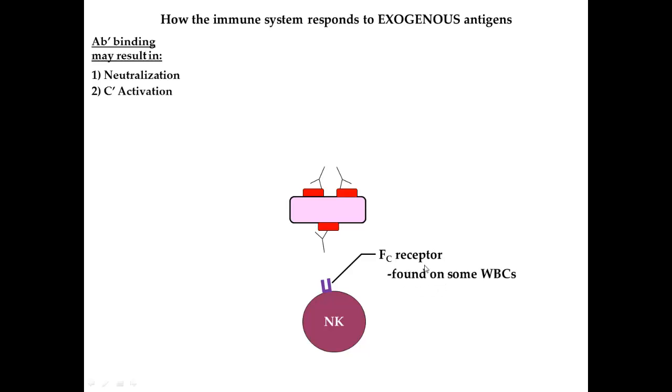What the Fc receptor does is it's capable of binding to the constant region of that antibody. So it allows these white blood cells to recognize an antibody-coated bacterial cell, to bind and respond to the antibodies that have bound to the antigen.